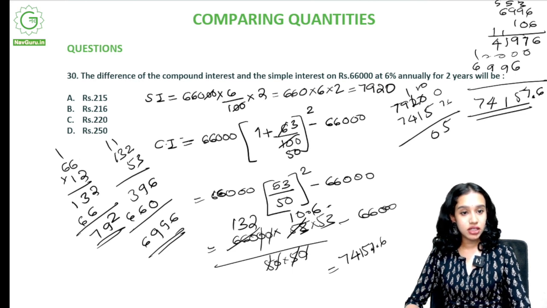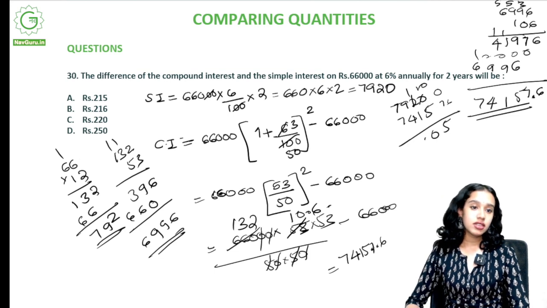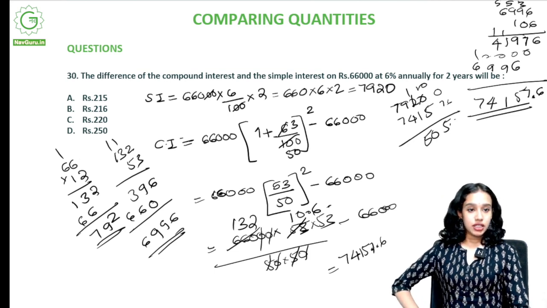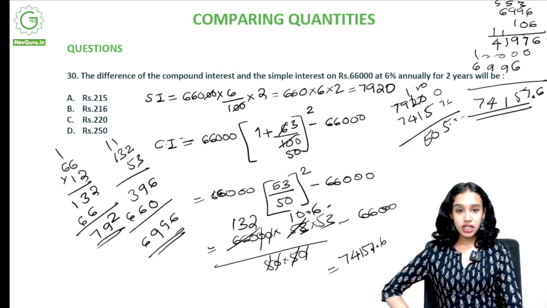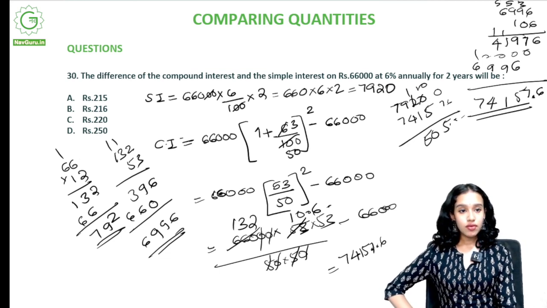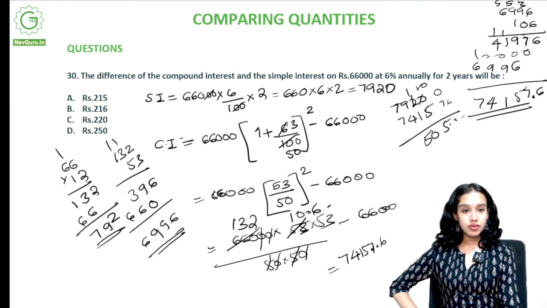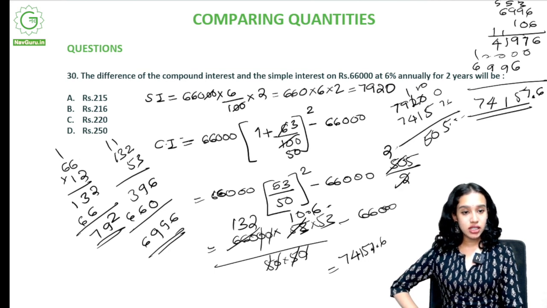We get 5, 0, 5 point something, right? Now this is for 2 years. Now we have to find the difference in 1 year. So 505 by 2, 2 2s are 4, 1 0 5 and 2 2s are 4. We get 250 to be the answer.